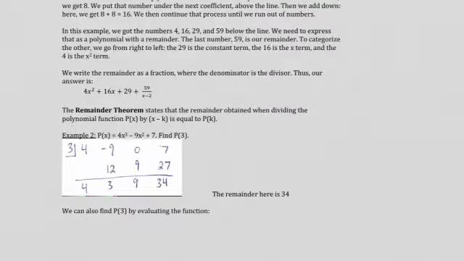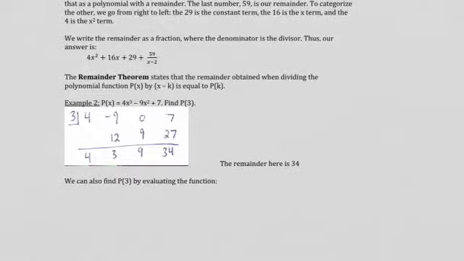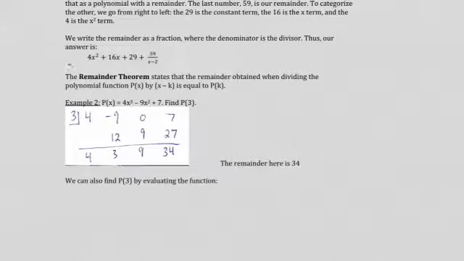Now, don't forget to look at the remainder theorem. The remainder theorem states that the remainder obtained when dividing the polynomial function by x minus k is equal to P of k.